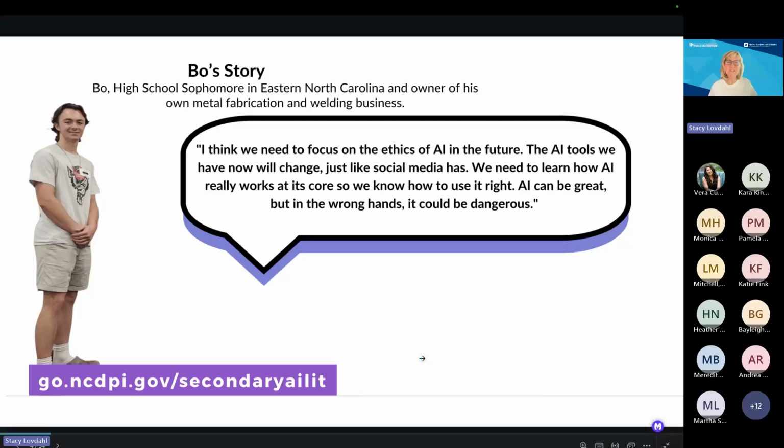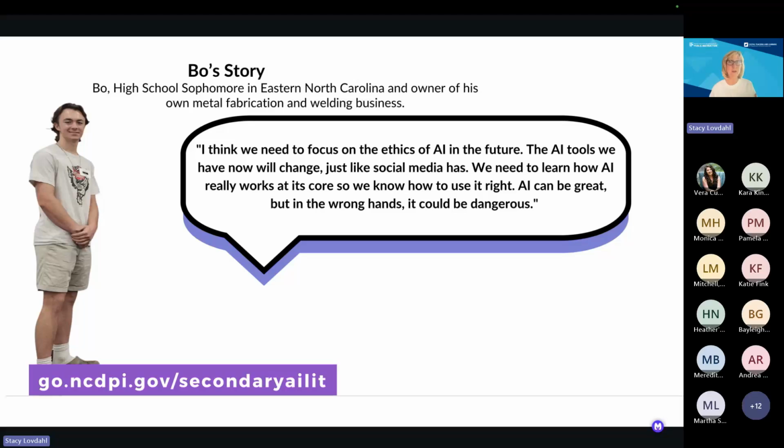Another story that was shared during our student panels was from Bo, who was at the time a sophomore in Eastern North Carolina, and he also owns his own metal fabrication and welding business. So, an amazing young man. He talked to us about how he is concerned about the ethics of AI, especially now and in the future, and related it to the way social media has changed in his lifetime.